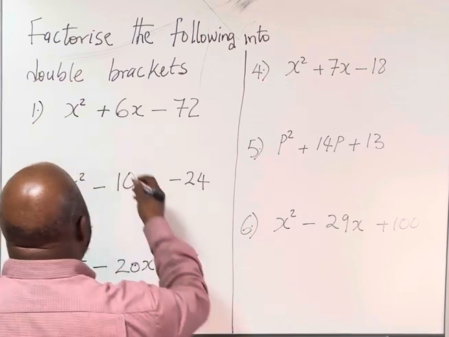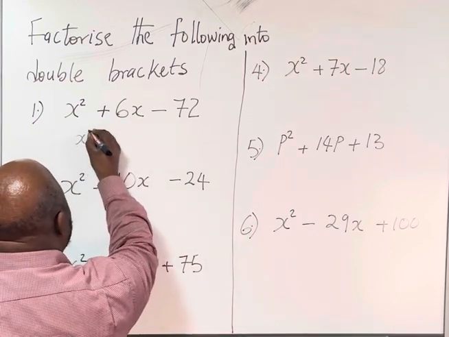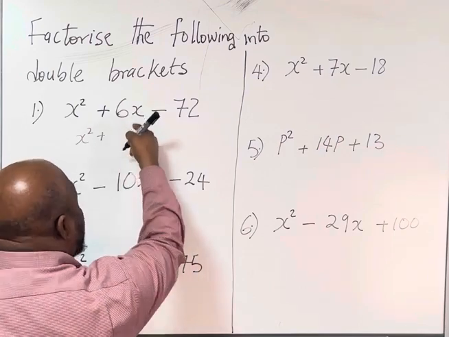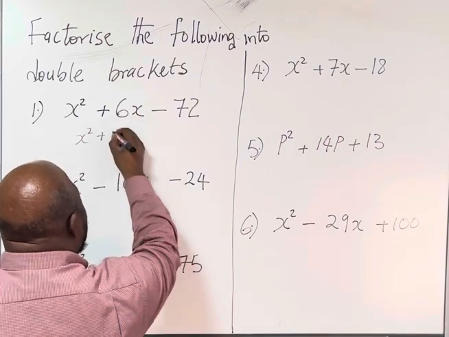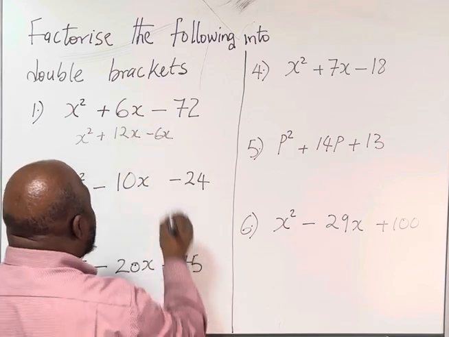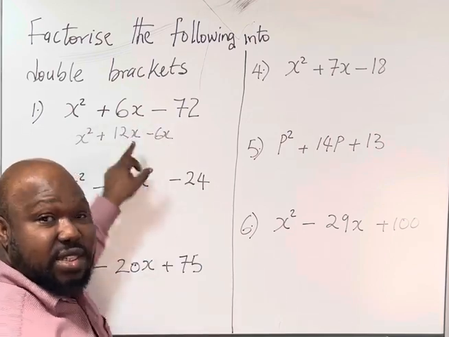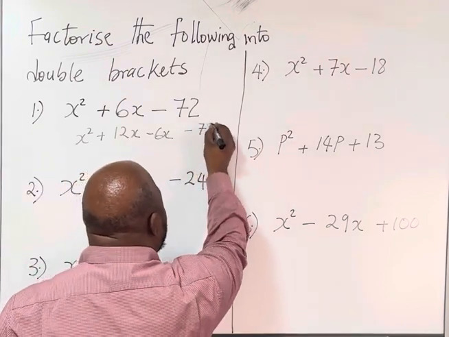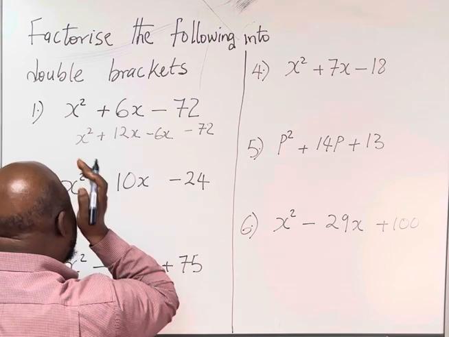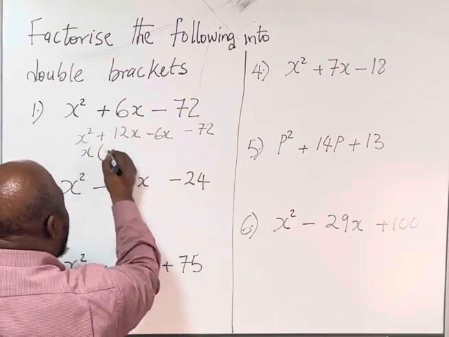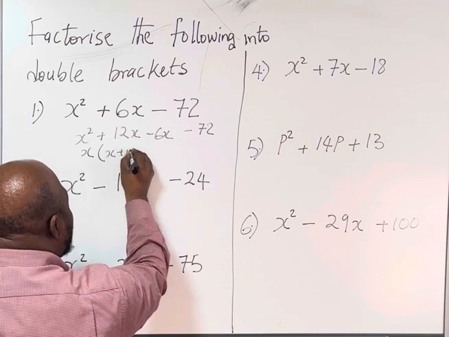So we say x squared plus, in order to have 6 here, 12x minus 6x minus 72. Now when you factorize x out here, you have x plus 12.